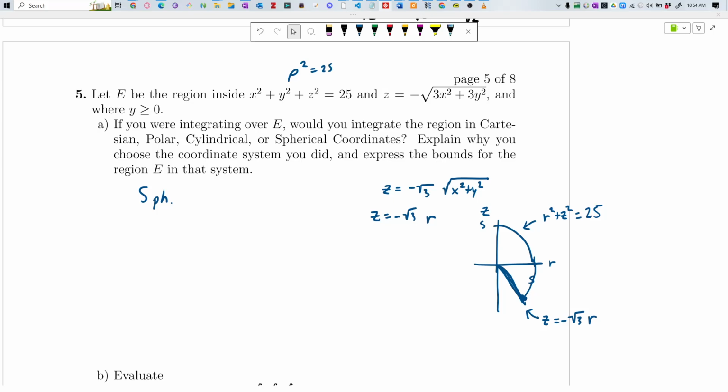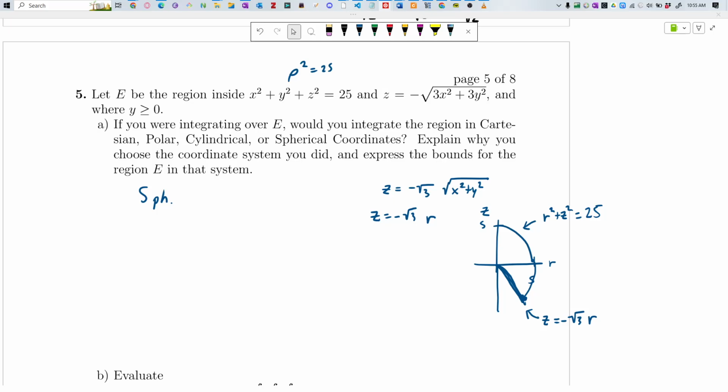How do I draw this? Contour plot, I think. Contour plot, r squared plus z squared equals 25, and also z is equal to minus root 3 r. R from 0 to 5, z from minus 5 to 5.